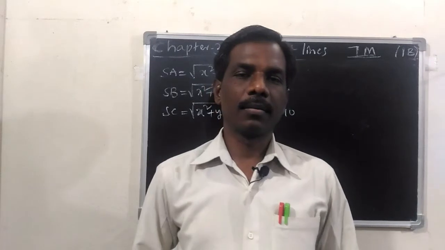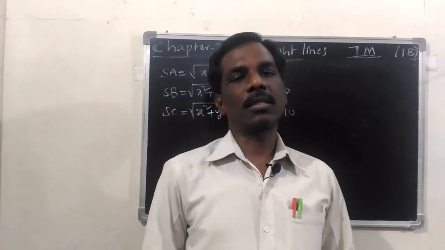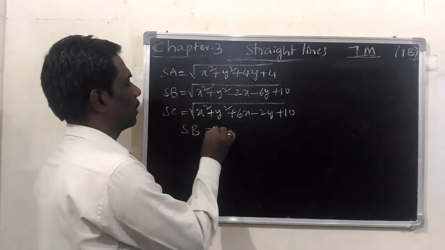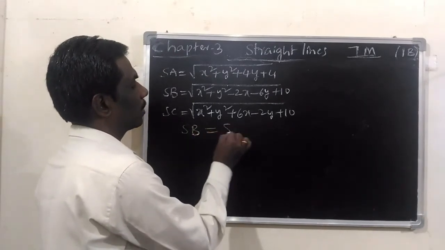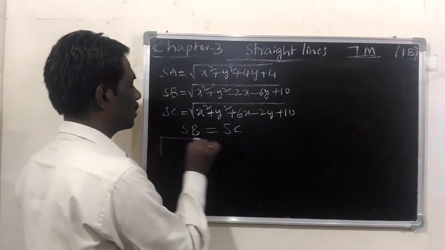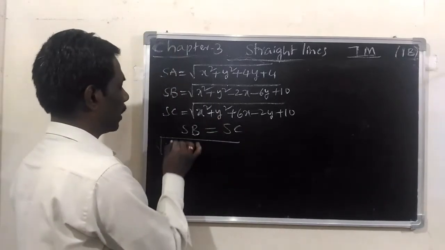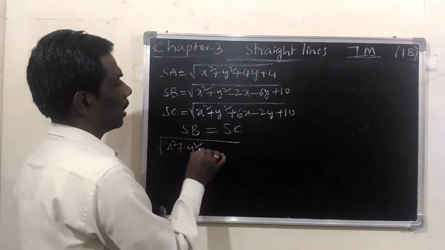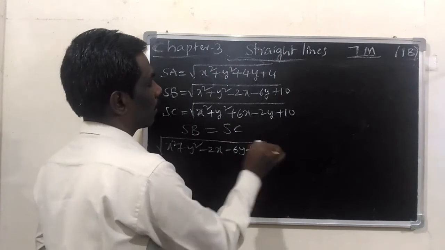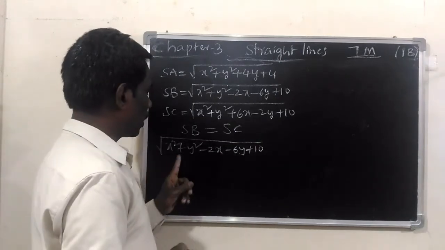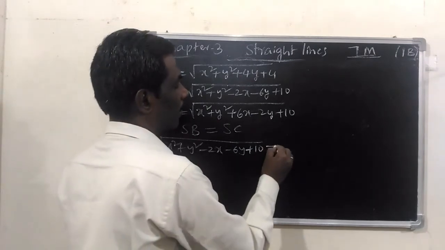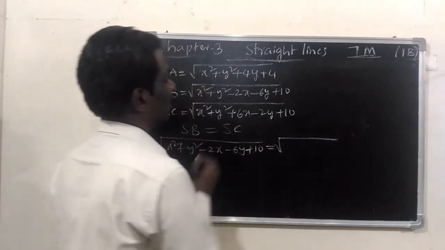Now I am equating SB with SC. What is SB? Distance is under root of x square plus y square minus 2x minus 6y plus 10, is equal to SC distance.